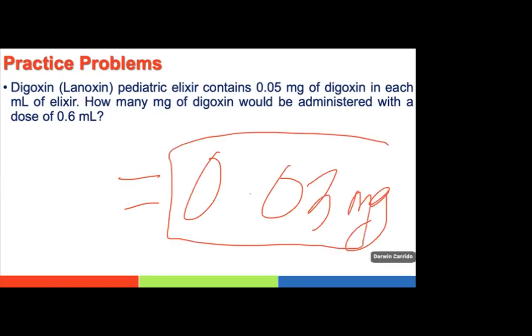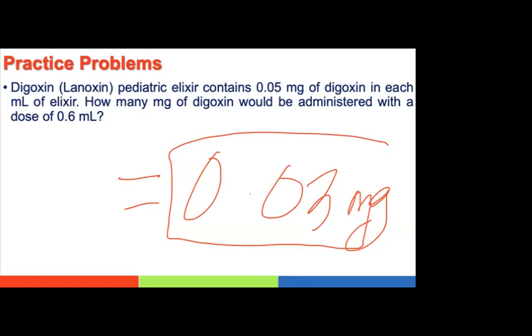Okay. Another tip: always highlight the unit being asked. Sometimes a student doesn't finish reading the question, and it turns out at the end it says express your answer in microgram. Then your 0.03 milligram estimate is wrong. So what is this in microgram?